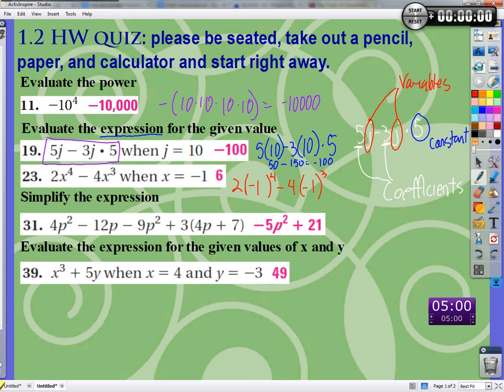Alright, back to what I was saying before. If we multiply -1 times itself 4 times, I'm holding up 4 fingers here, there's a -1 in each of them. -1 times -1 is 1, and these other -1s times each other, -1 times -1, is 1, so we have +1 times +1. If we're multiplying a bunch of negatives together, they pair up, and when they multiply together, they make positives.